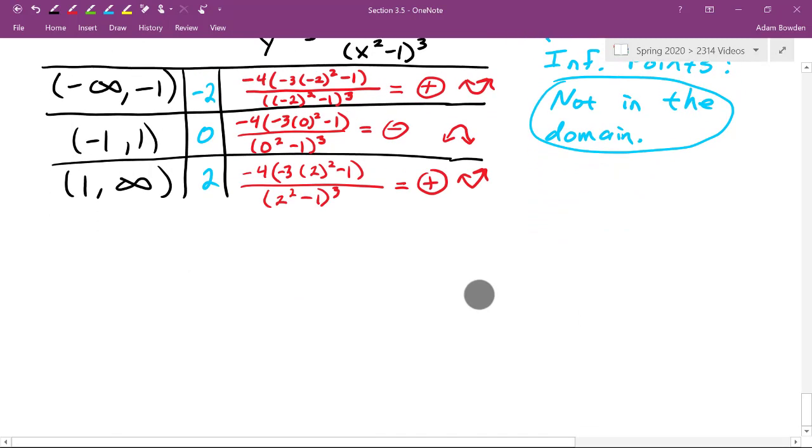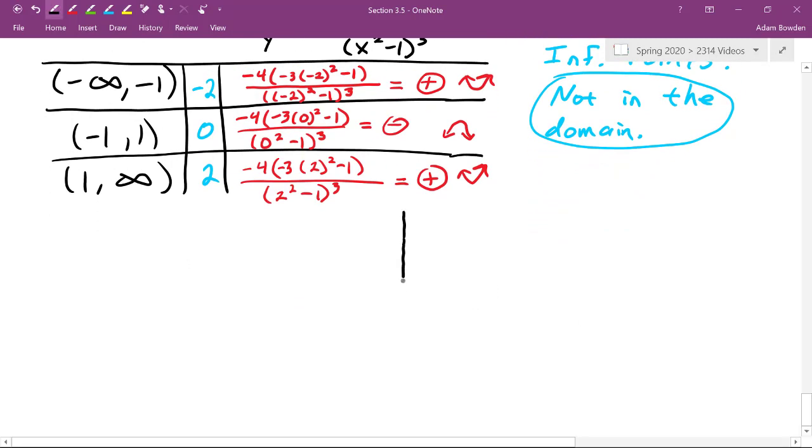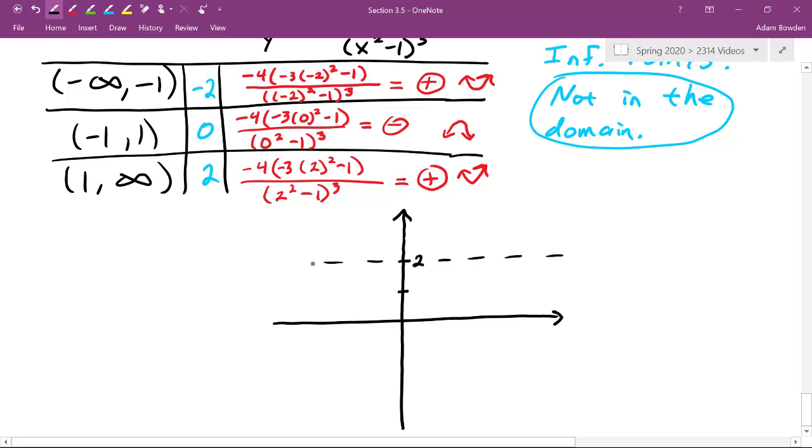So now we're ready to try our best to set up and graph this thing. Lots of stuff to do, but now we can just kind of summarize it and I'll put it together in a picture. So we had our asymptotes. We had figured out we had a horizontal asymptote at y equals 2. Okay. We had vertical asymptotes. We actually had two of those, for negative 1 and positive 1.